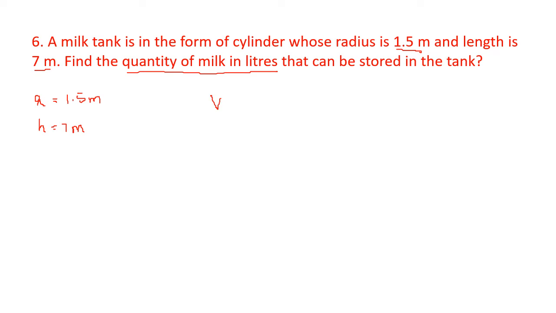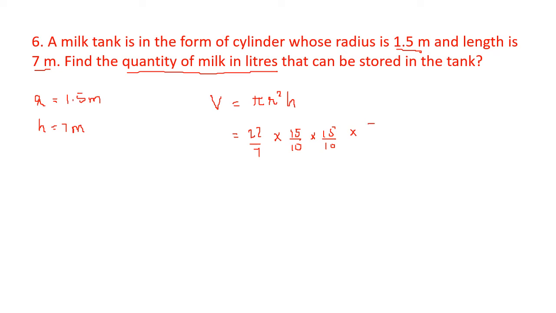So we'll first find the volume of the cylinder, again by the formula pi r square h, that is 22 by 7. R is 1.5, so I'll write 15 upon 10 into 15 upon 10 into height.